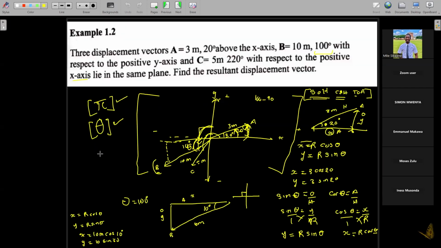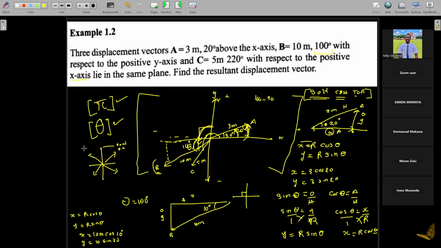Let's go back to what we learned in mathematics. If the angle is in the first quadrant, the second quadrant, the third quadrant, or the fourth quadrant: in the first quadrant, both x and y are positive.